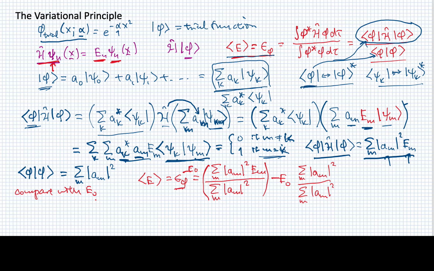But now I've got E0 in the numerator, so I can bring this inside the summation. And when I combine these things, I will end up with the following. I'll have sum over m, a sub m squared, and then each of the energy levels minus E0. And then this is divided by this sum over m, a sub m squared.